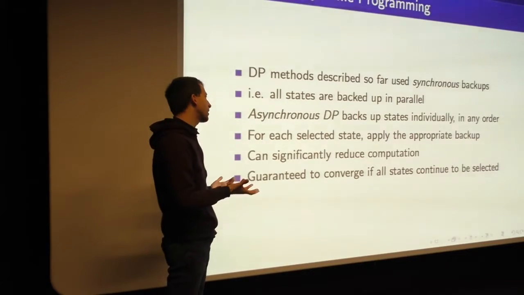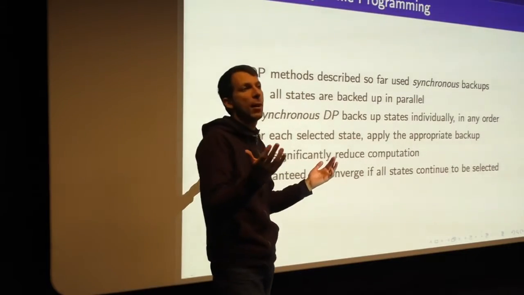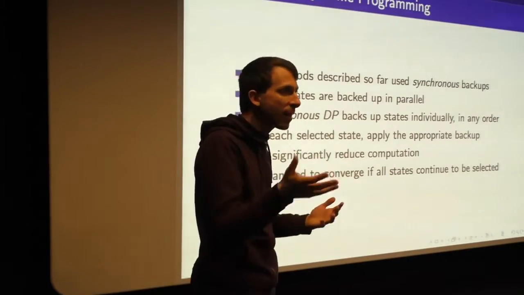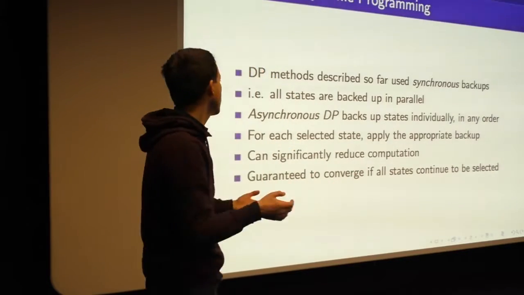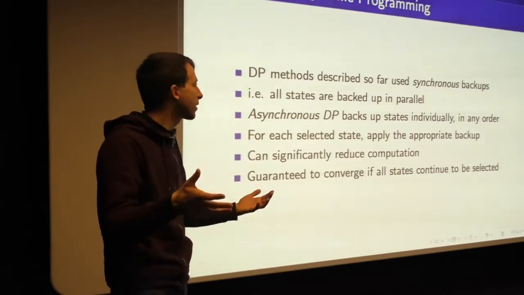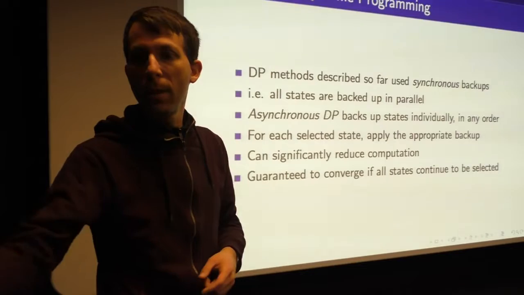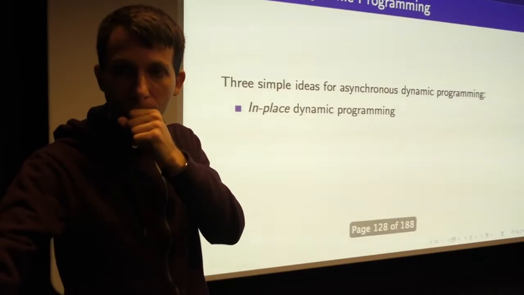And a nice result tells us that as long as you continue to select all states, it doesn't matter which order you select them in, as long as you continue to select everything at least sometimes, then your algorithm will still converge to the optimal value function. So this all still works. Value iteration, for example, still works. Policy iteration as well.